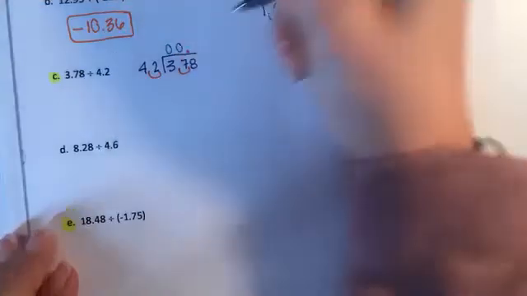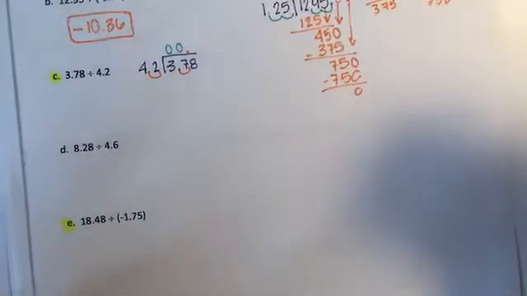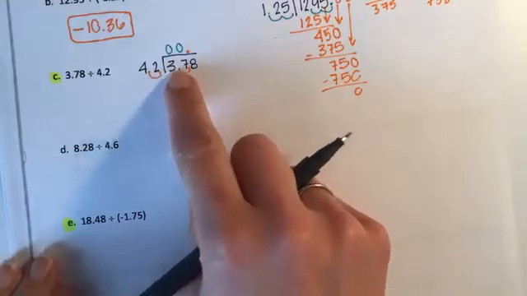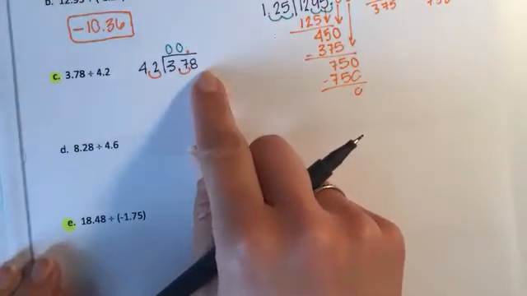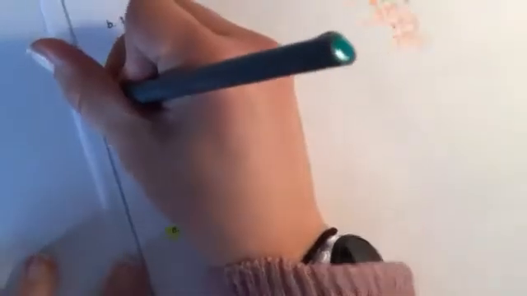And the answer is no. Does 42 go into 378? And this is where you just do a guess and check thing. And so I am going to guess 42 times 10 would give me 420. That's pretty close. So I'm going to take 42 times 9.